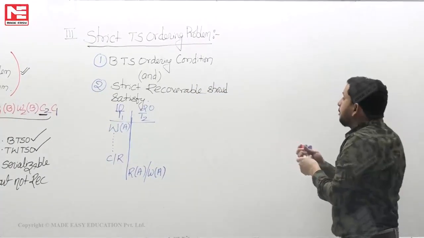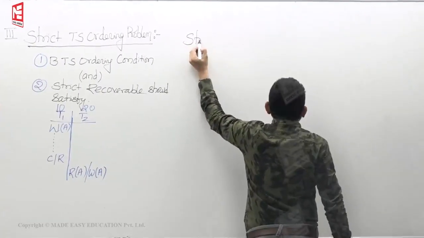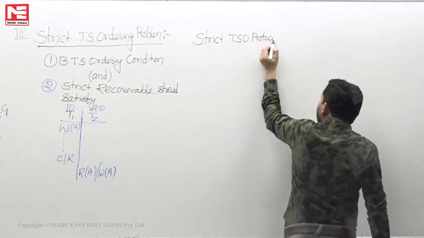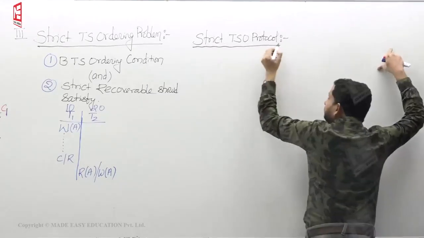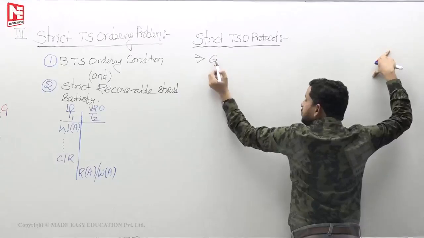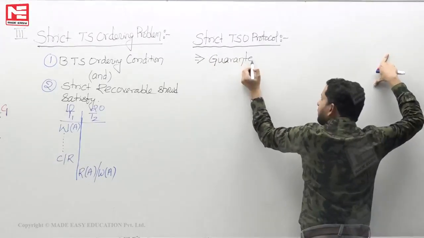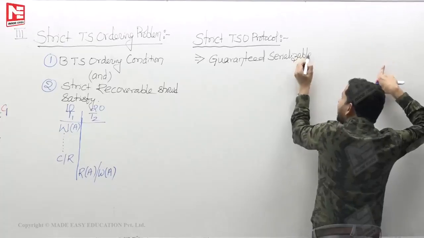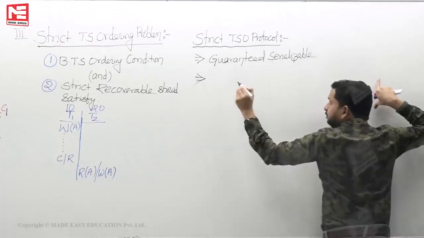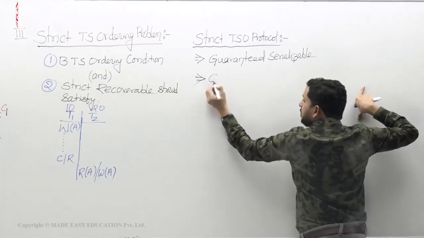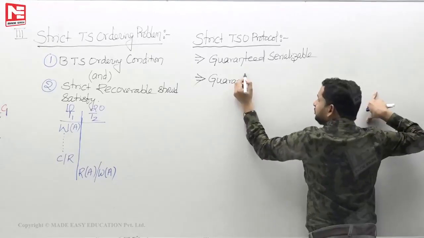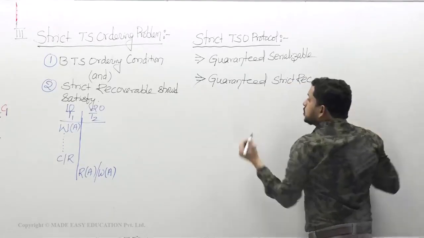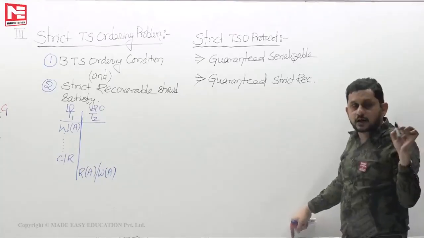So what is the benefit of the strict timestamp ordering protocol? It guarantees serializability. It guarantees strict recoverability, so there is no chance of forming irrecoverable schedules, cascading rollback, or the last update problem.